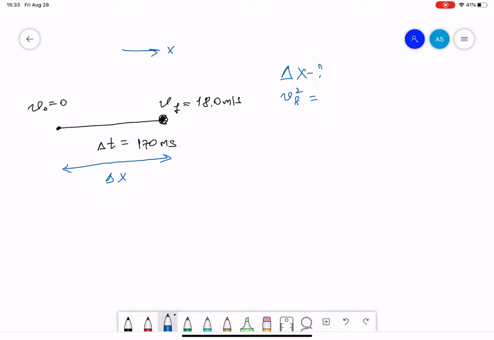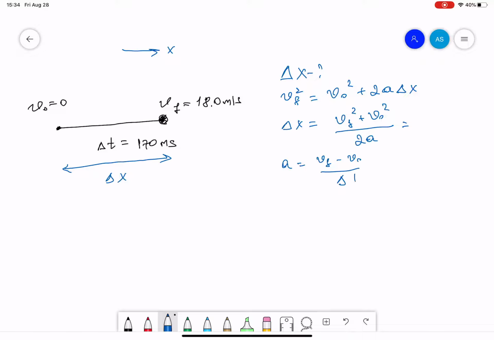So v final squared is equal to v initial squared plus 2a delta x. From here, if you want to find delta x, it is v final squared minus v initial squared divided by 2a. Now our a is equal to v final minus v initial divided by delta t.